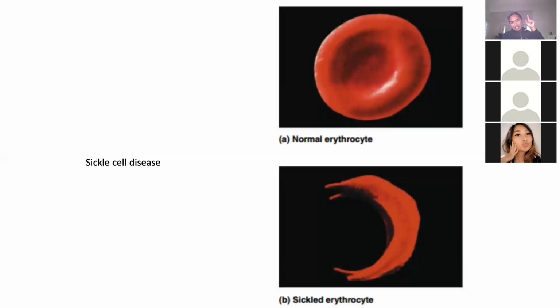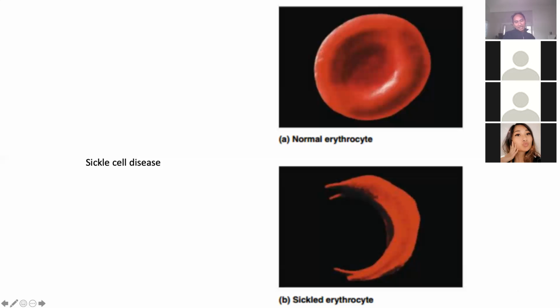Just because of this little change, one amino acid, instead of glutamine, the valine amino acid came in, and this hemoglobin cannot function properly, especially when there is hypoxia, low oxygen in the body. Their RBC, instead of biconcave, change into the sickle shape. And that is what we call sickle cell disease.